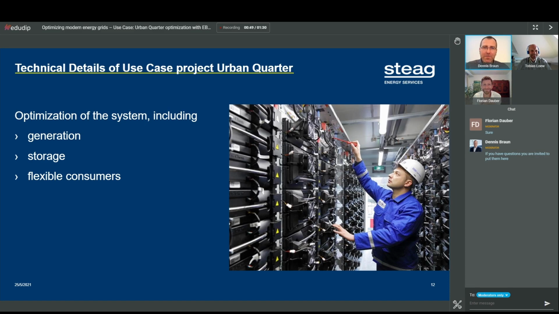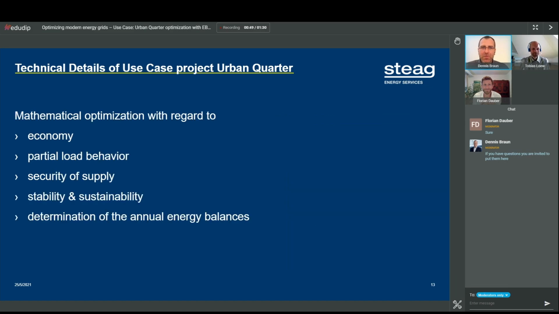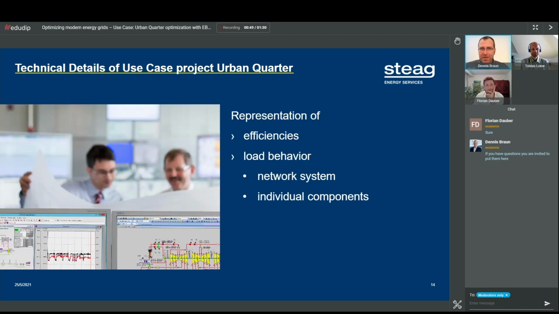To optimize, it was supposed to look at generation, storage, and flexible consumers. And we will see mathematical optimization that was done with regard to economy, partial load behavior, security of supply, stability and sustainability, and finally, determination of the annual energy balances.